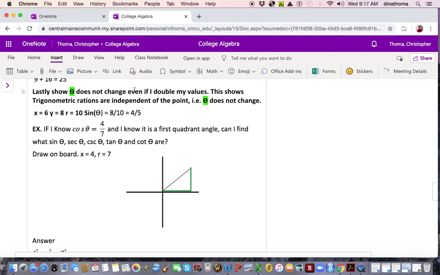So my x is 4, and my r is 7. That's all we know, right? Can I find all my other functions?